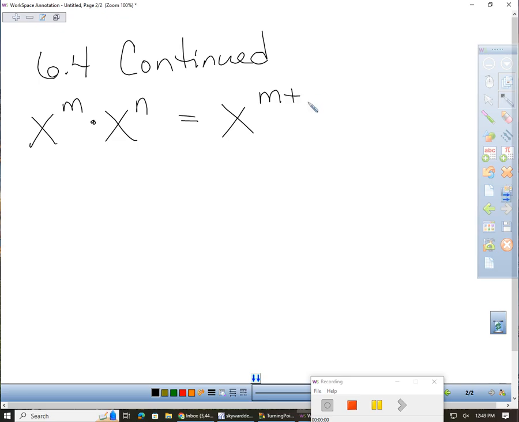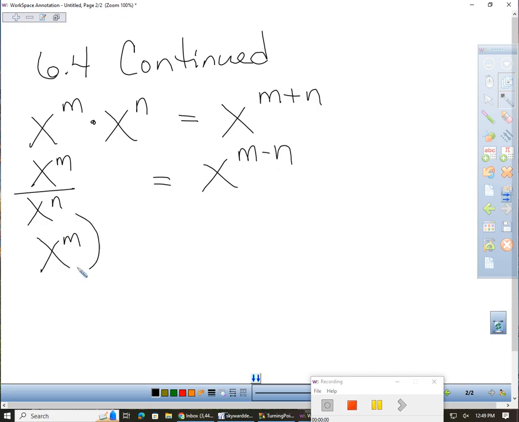Add them, m plus n. If I have x to the m divided by x to the n, I keep my base, and what do I do with my exponents? So I have m minus n. If I have x to the m raised to the n, I multiply my exponents.